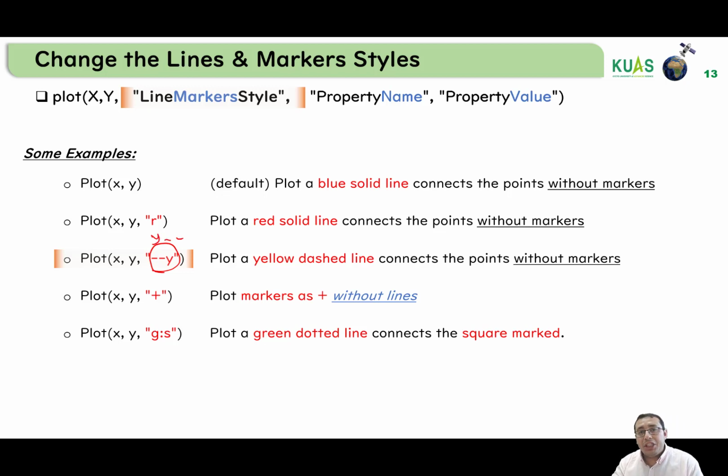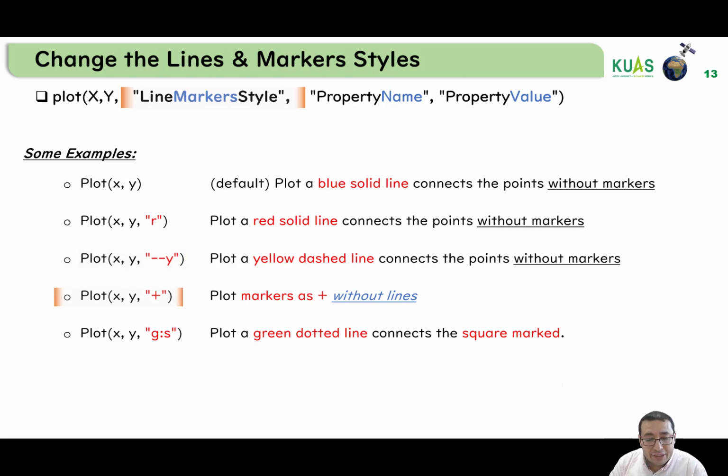So y dash dash is equal to dash dash y. There is no order between the color and the style of the line. And also please notice that we mix the color and the line style and we put them in one quotation. I mean, we didn't use the dash dash between quotation and y between quotation. No, both were mixed.